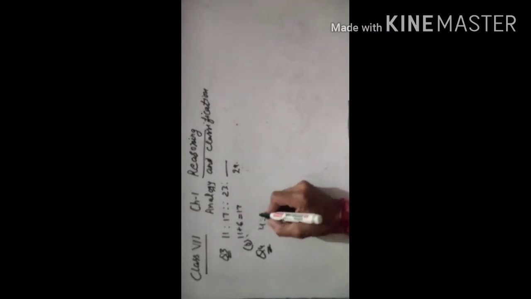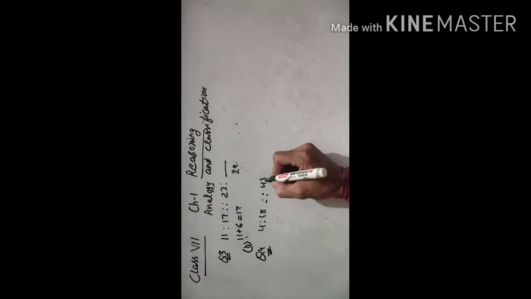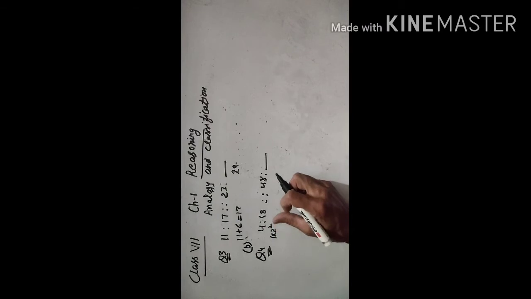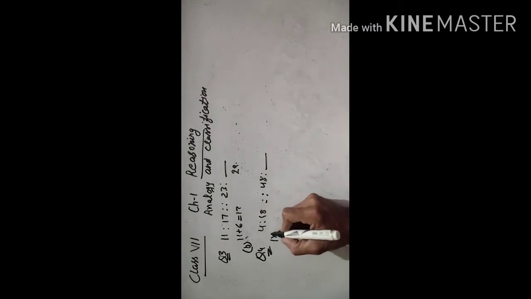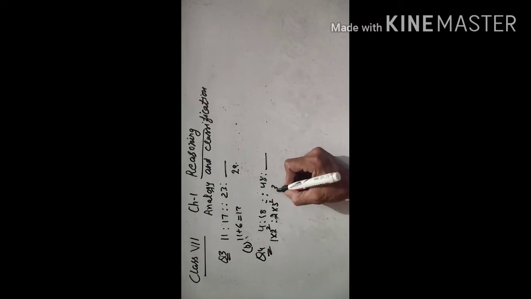Question number 4 is 4 is to 18 is to 48. We have to find. 4 is to 18 means 1 into 2 square is 4, 2 into 3 square is 18, 3 into 4 square, that is 16 times 3 is 48.